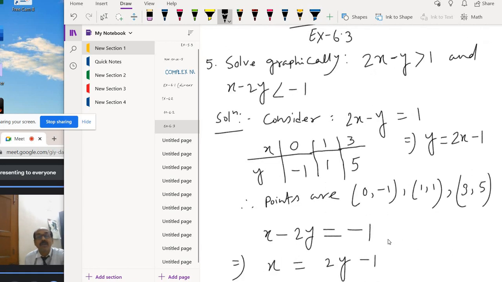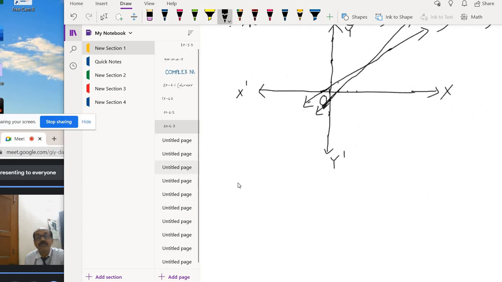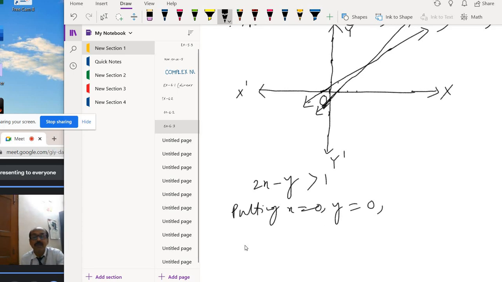So for the first line, 2x minus y greater than 1. Putting x equal to 0, y equal to 0, we get 0 greater than 1, which is false.